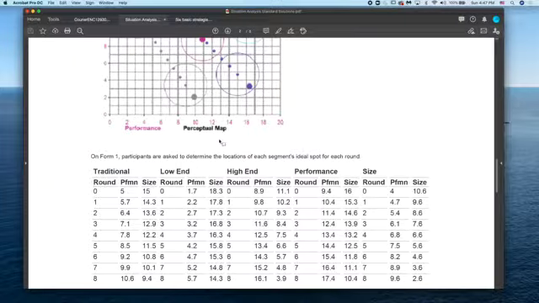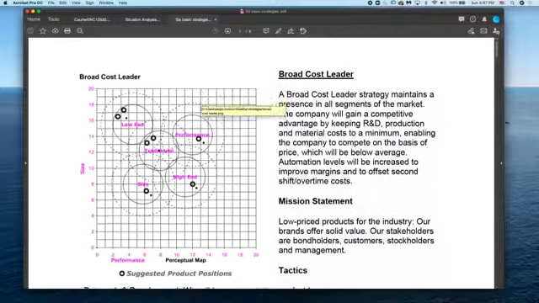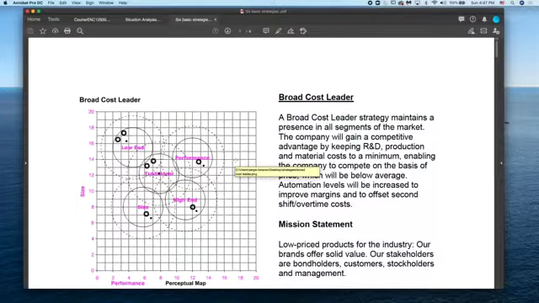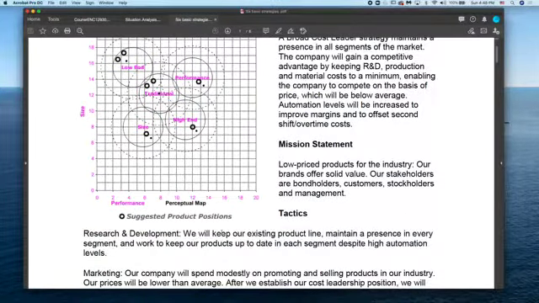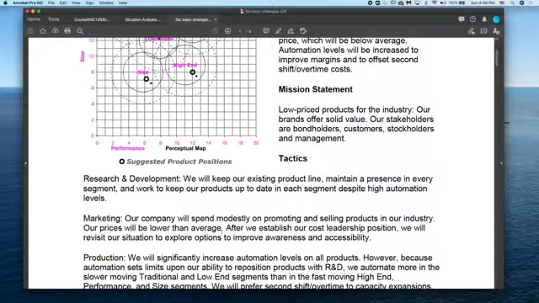Now, the other thing too, this is not something you necessarily need to refer to every round, but make sure to take a look at the 6 basic strategies. I know a couple of the teams did this. This document's also on Moodle, and it actually describes the tactics that you'll take throughout the simulation and the types of segments you'll compete in and what your plans are for products that are existing when the simulation starts.